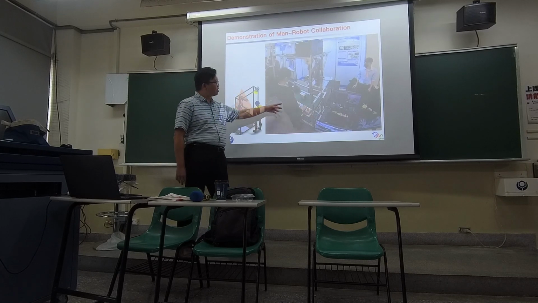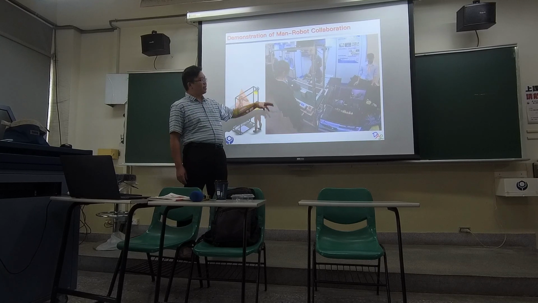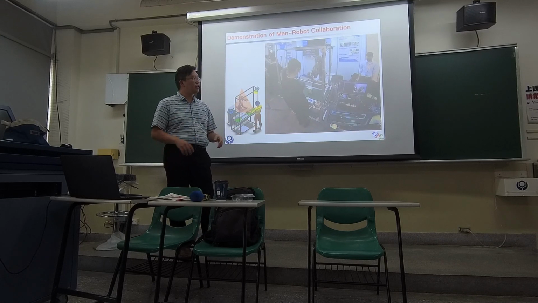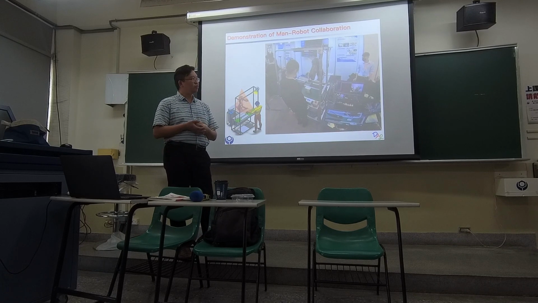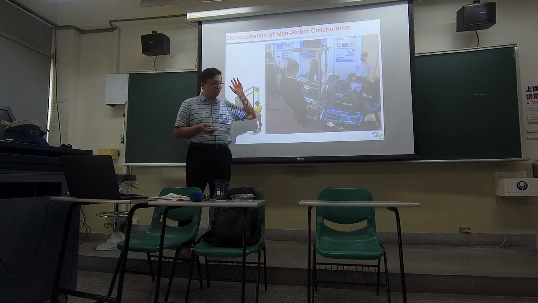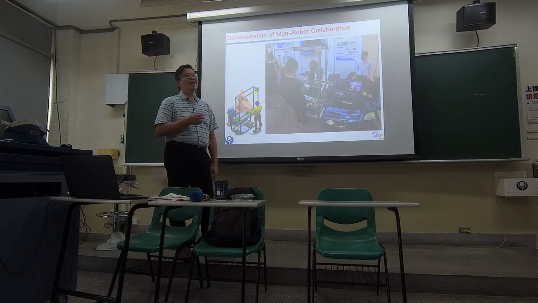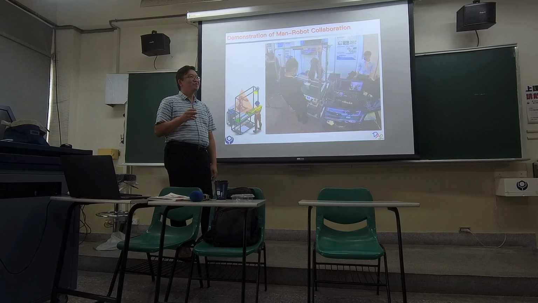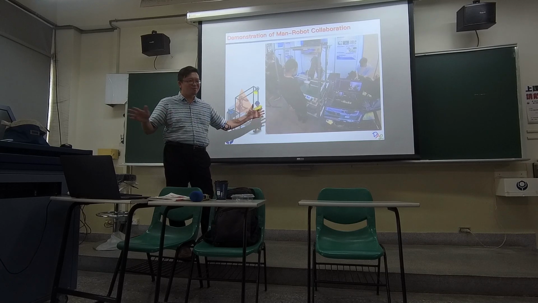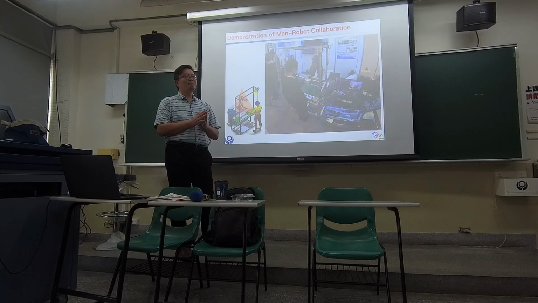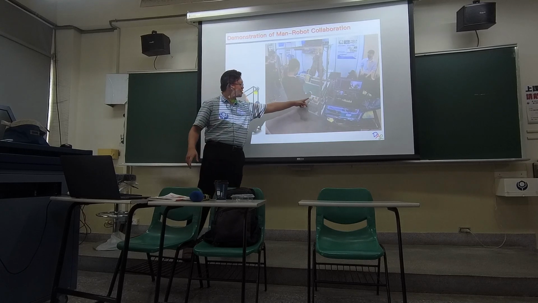Our partner analyzed human motion and realized what is the right moment for the robot to join this collaboration. But actually, to make sure this operation moves smoothly, we put some buttons here.